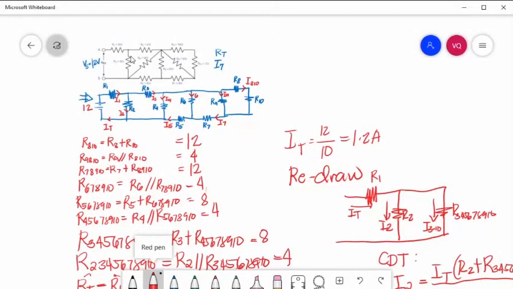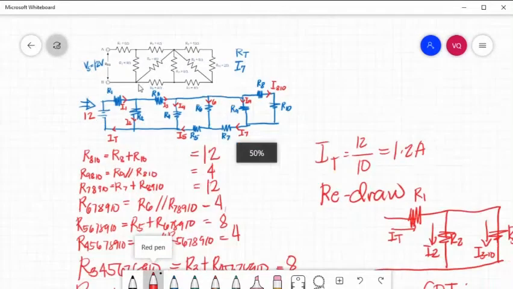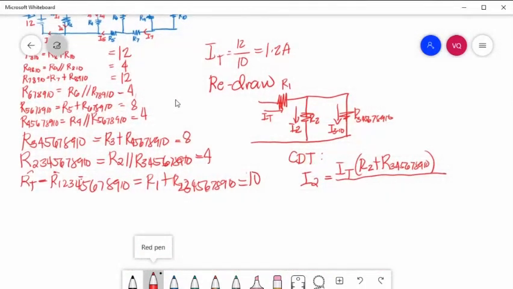So R2 is equal to 8 ohms. So this is R2. IT is 1.2 times R2 plus R3, 4, 5, 6, 7, 8, 9, 10. They are in parallel, so it is not plus.